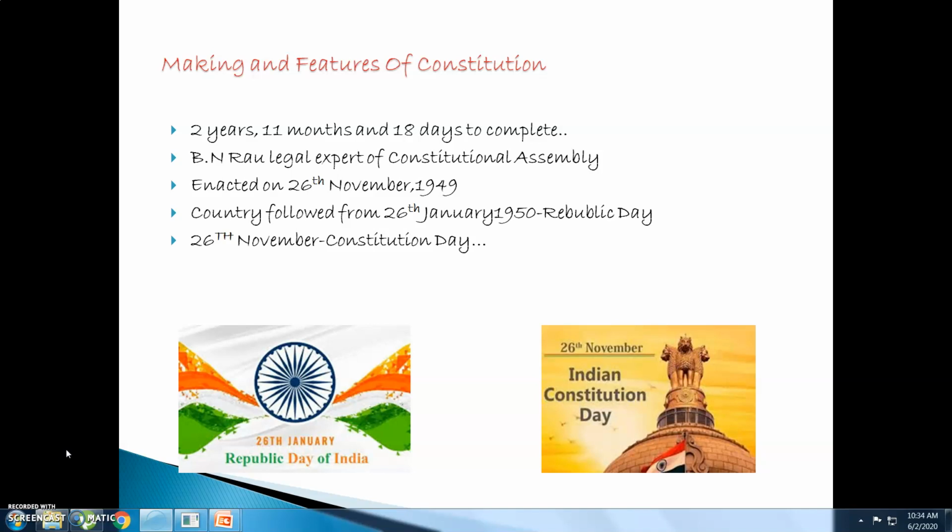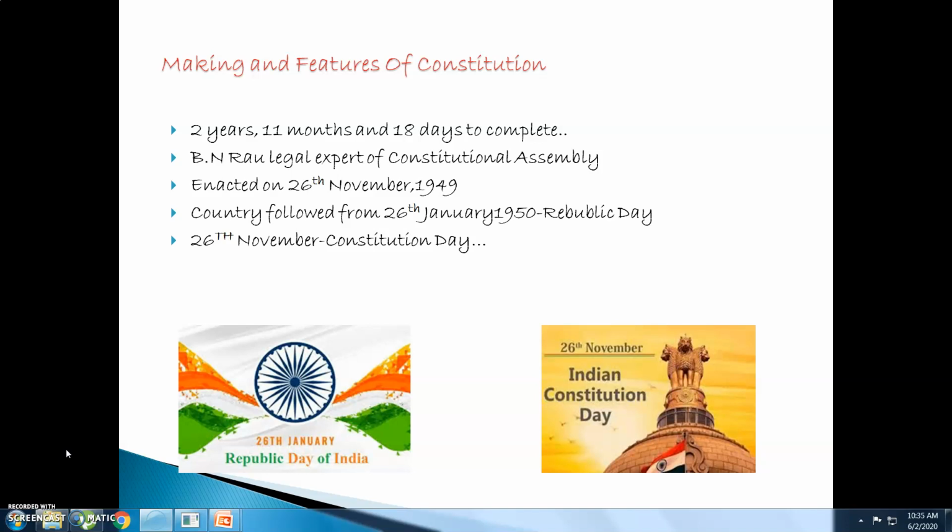The actual formation of the Constitution was started in the year 1946 prior to our independence. It took 2 years, 11 months and 18 days to complete this procedure, and finally the work of the Constitution was completed on 26th of November 1949, post our independence.